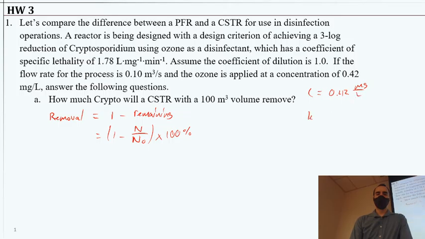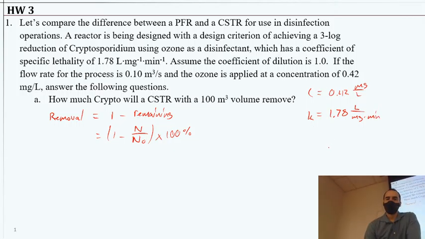We've got K, which was 1.78 liters per milligram per minute. And we have Q, 0.1 cubic meters per second.